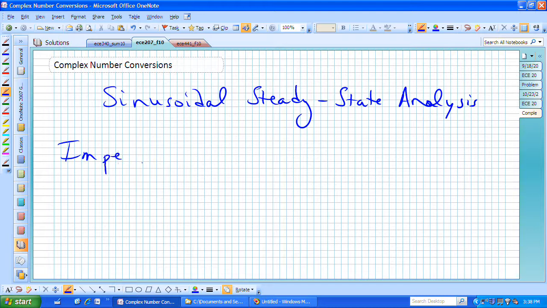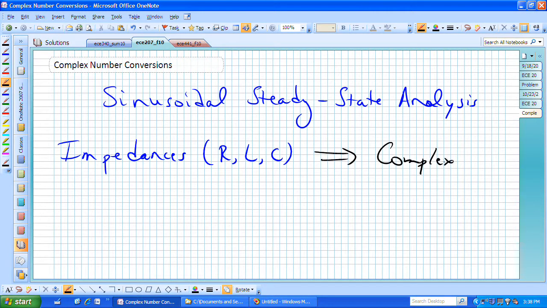Why does this then end up with complex number conversions? We start looking at impedances for resistors, inductors, and capacitors. When we do that, we actually see that that yields complex numbers.